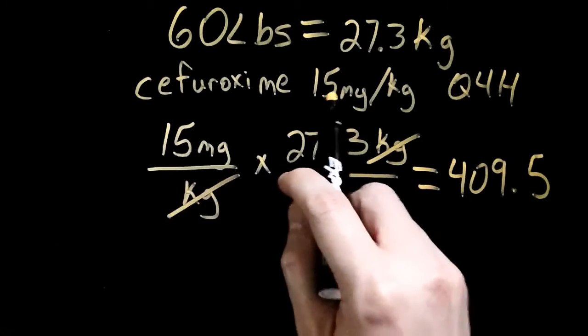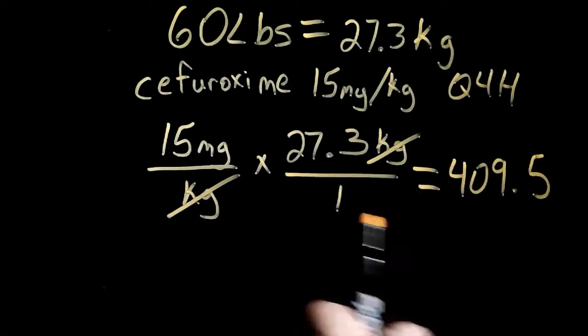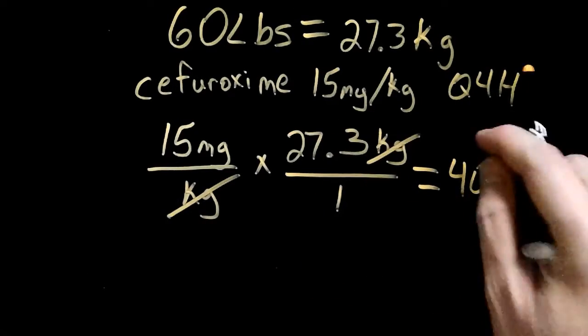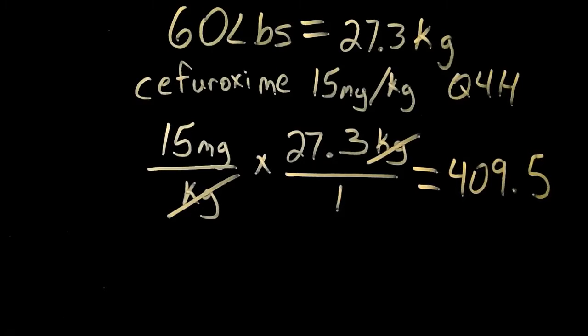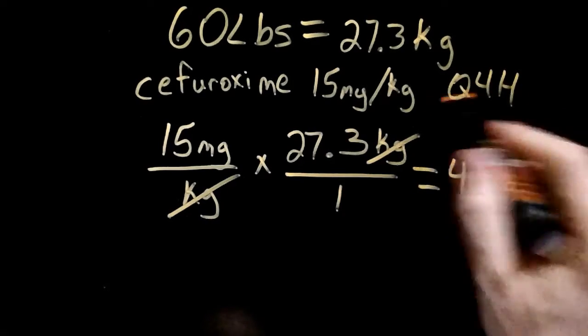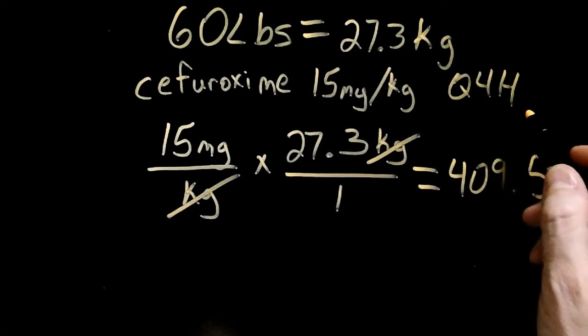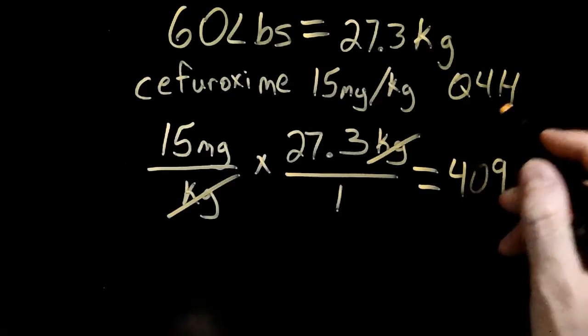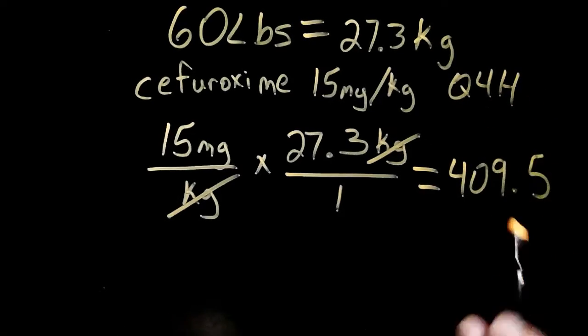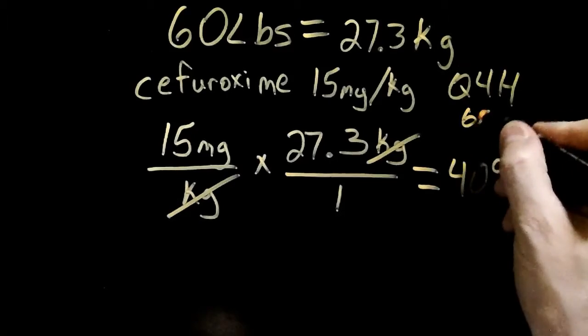It was cefuroxime 15 milligrams per kilogram, but they want to get this much every 4 hours. So the original question asked, how many milligrams per day will they receive? Well, you have to ask yourself, if they're getting it every 4 hours, how many times a day will they get it? Well, there's 24 hours in a day, so every 4 hours will be 6 times a day.